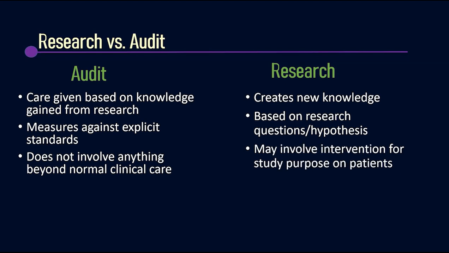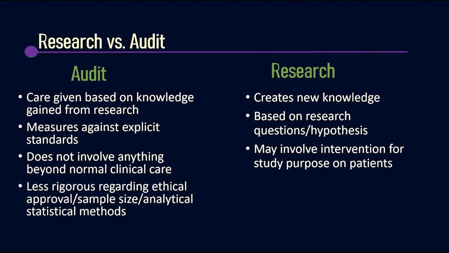Whereas if you are doing research, if it is an interventional study, it may involve intervention for study purposes on patients. Audit is less rigorous regarding ethical approval, sample size calculation, or analytical statistical methods. You do not do all these things while you are doing audit. All you are doing is checking whether your care is meeting the current standard or not.